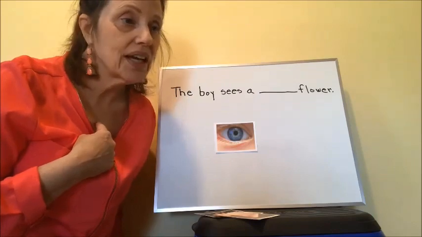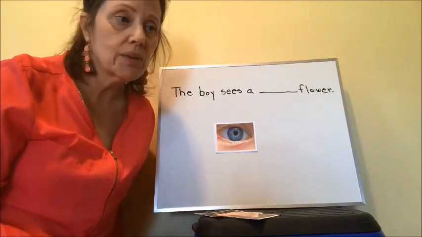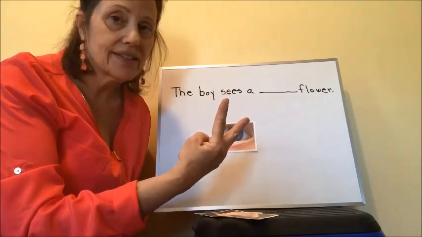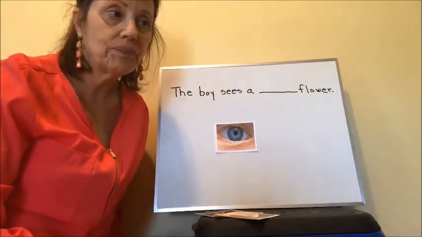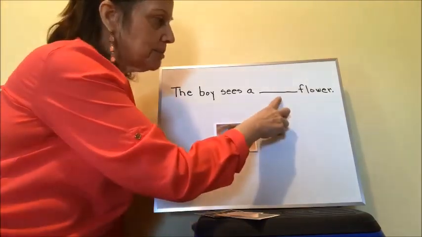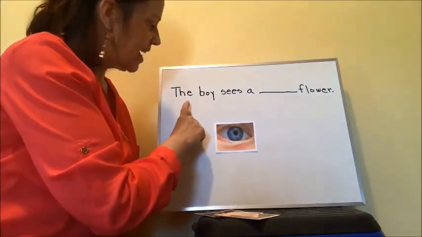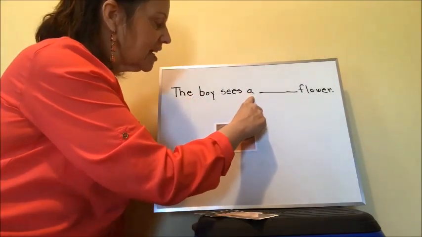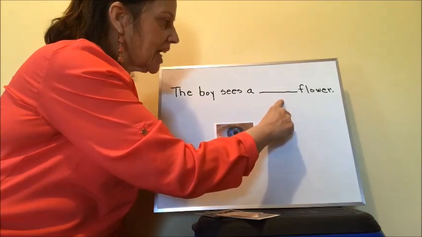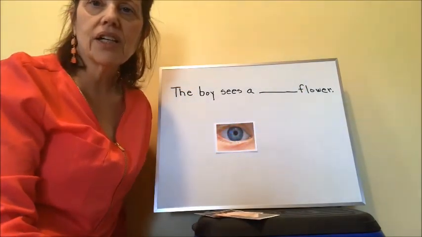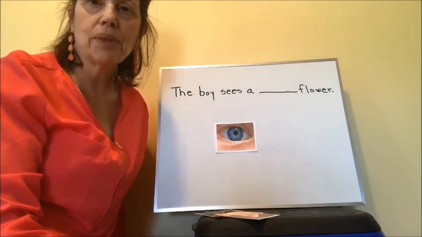I was thinking of color describing words because when I used my sense of sight, I saw lots of colors. Think of a color word right now that you could put in this blank. Our sentence says, the boy sees a blank flower.